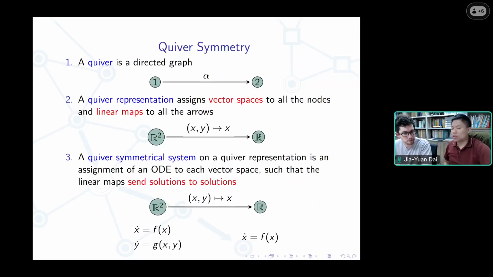Because you're sending solutions of one ODE to solutions of the other. Yes. But what do you mean by flow invariant? This is a target and source, they are all the solution space of the ODE. The ODE on the left is defined on R2, the ODE on the right is defined on R. But strictly speaking, they are different things, right?